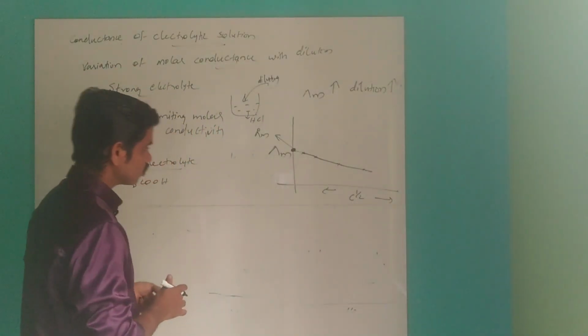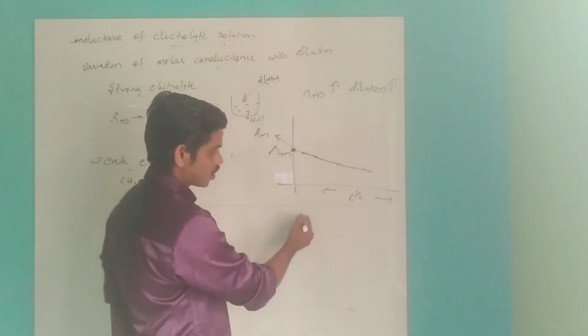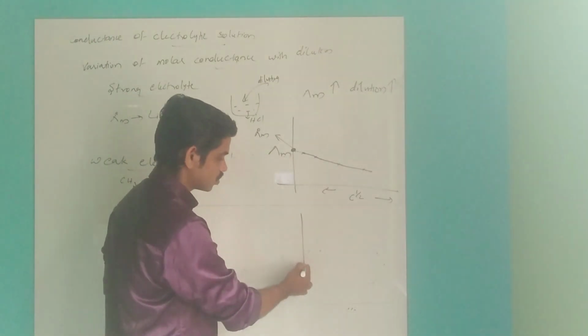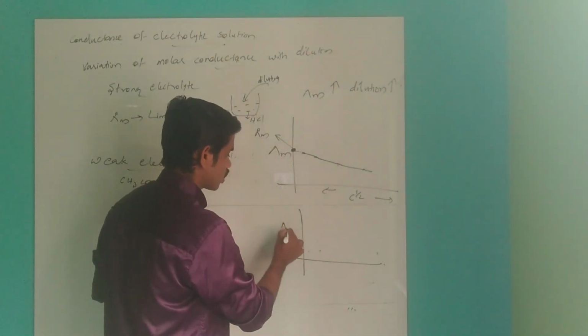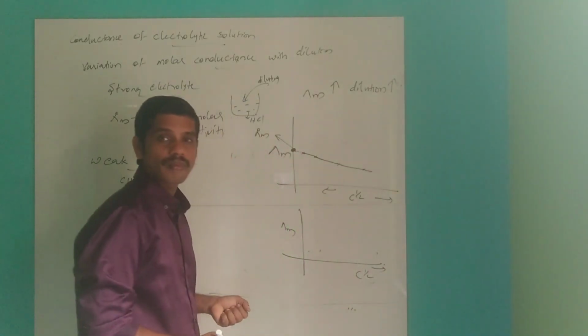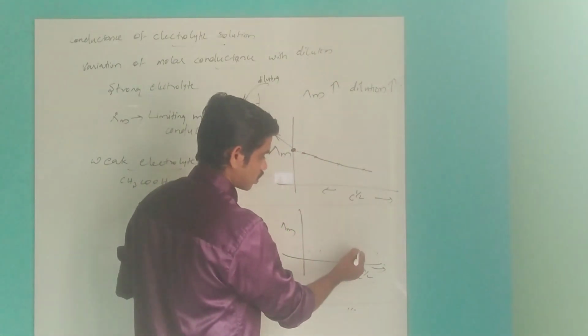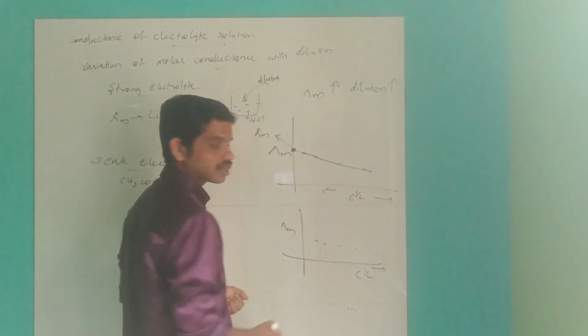Okay, if you are plotting a graph of molar conductivity against the square root of concentration, the values gradually increase.